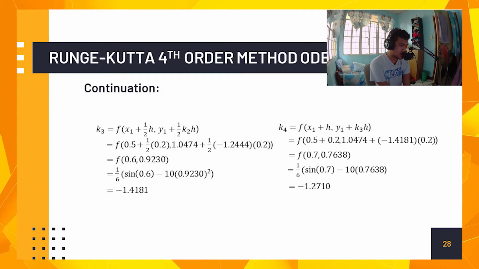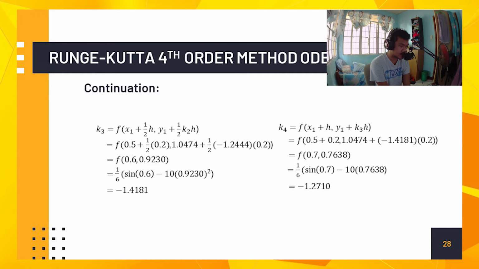For k sub 3, substituting the values, we will have f of 0.5 plus 1 half times 0.2 comma 1.0474 plus 1 half times negative 1.2444 times 0.2.